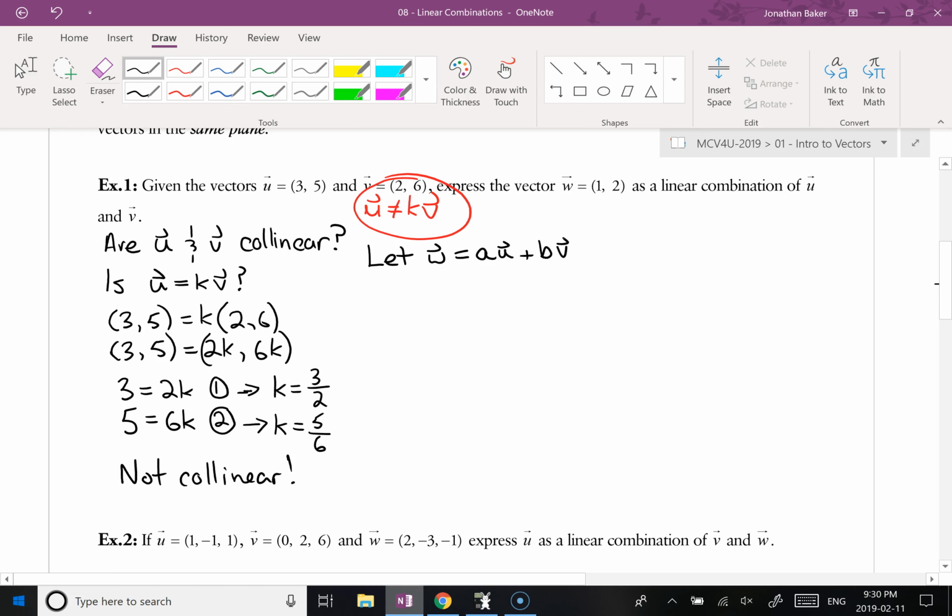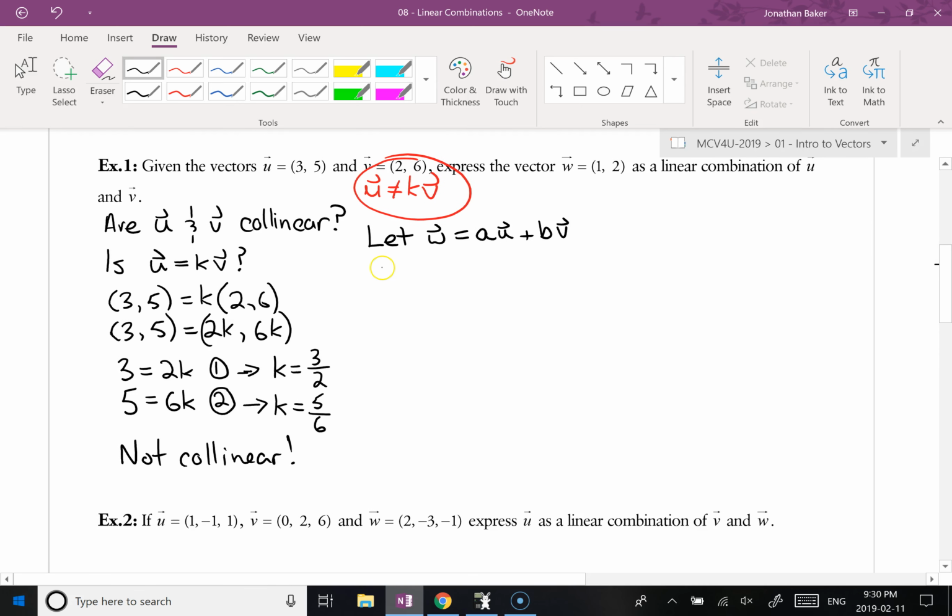And so what this means is we've got vector w is 1, 2, and a times vector u, which is 3, 5, plus b times 2, 6.